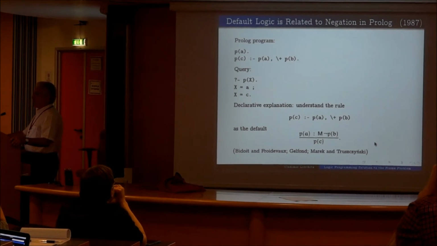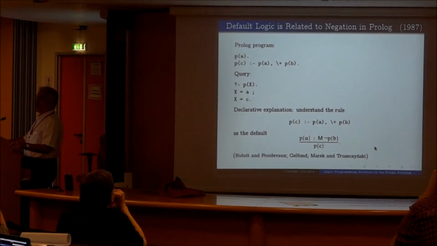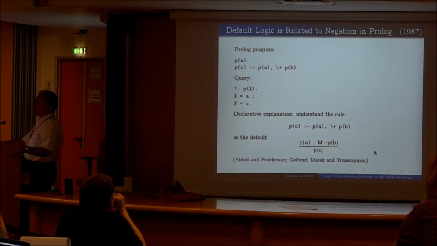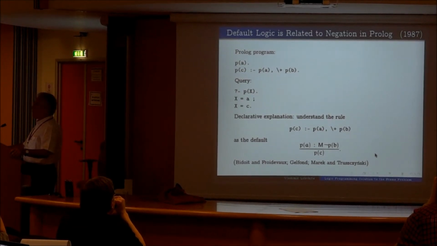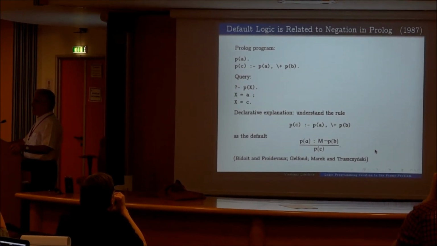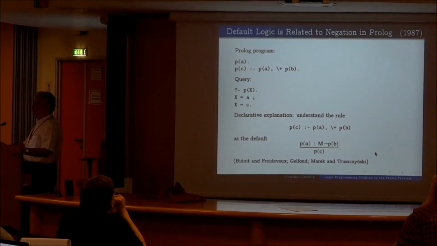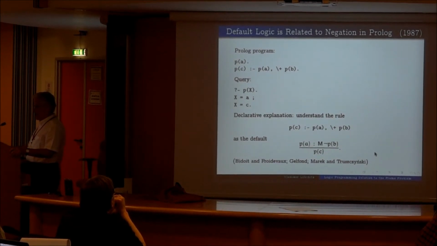What we learned in 1987 is that default logic has an important application, very different from its attempted use to solve the frame problem. It turned out that default logic helped us to solve an important theoretical problem in logic programming. That was the problem of the meaning of negation in Prolog programs.